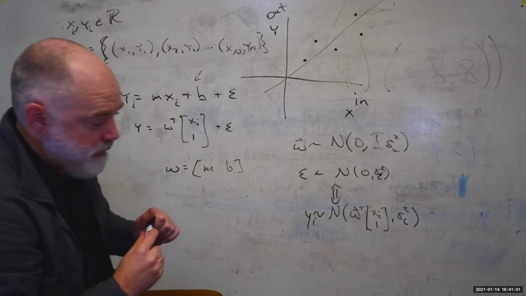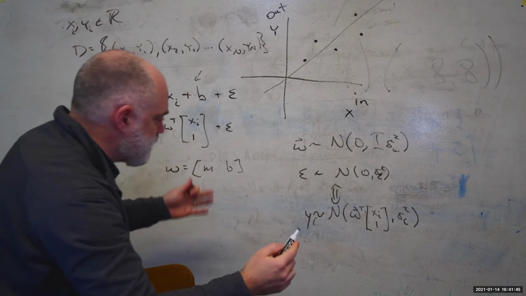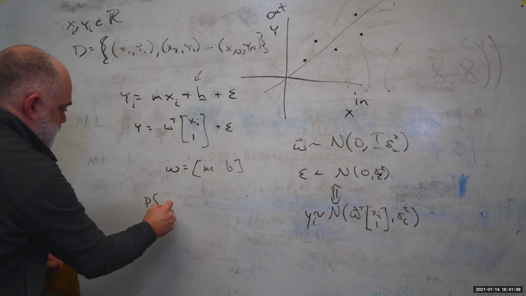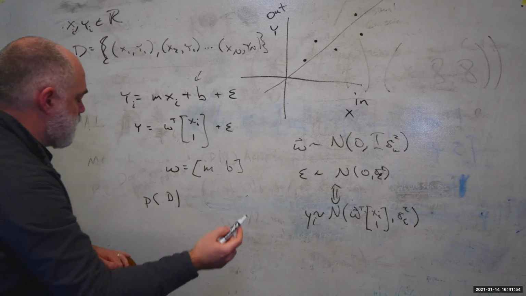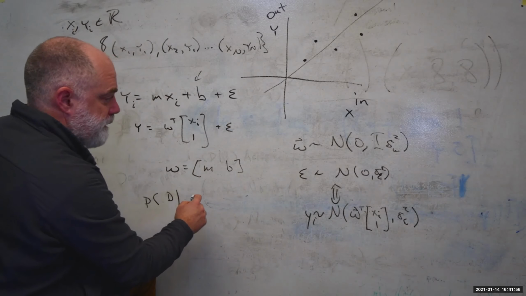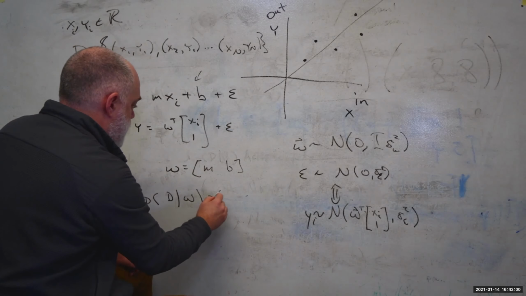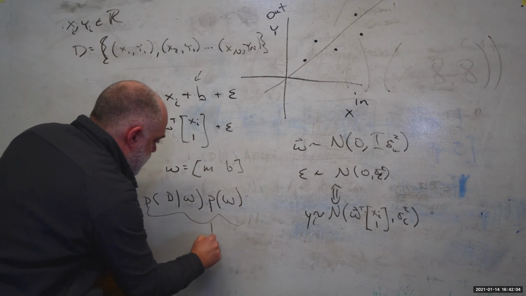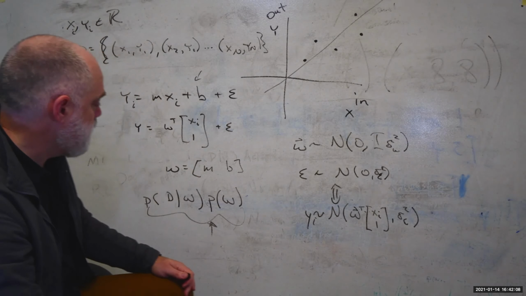Okay. So now we have a likelihood, which is P of D given our parameters, which are W. We have a prior on our parameters W. This now is a generative model of our data, right?